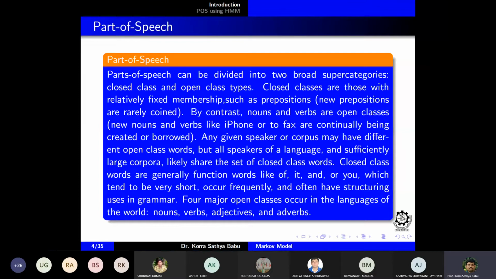I hope you are on the noun slide, right? Is there any lag in my slides? Sir, the part of speech slide is on slide 4. No, sir, it is on parts of speech. Slide 4, sir.